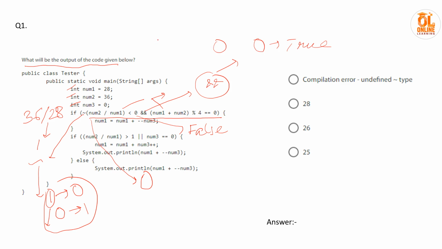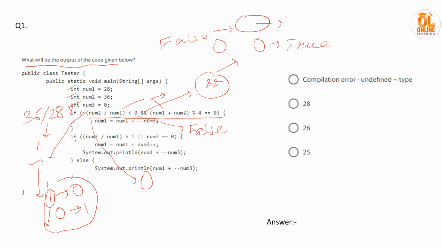But we are getting false in the first part, so we don't need to check the second part, because it does not matter whether it is true or false, the whole condition will become false. Hope you have understood. So this condition becomes false.